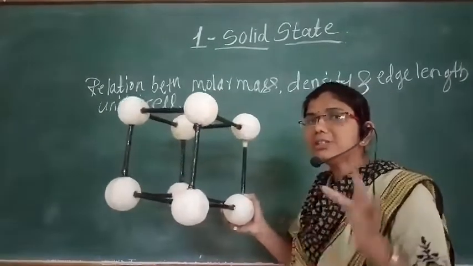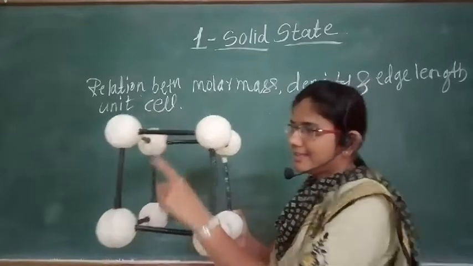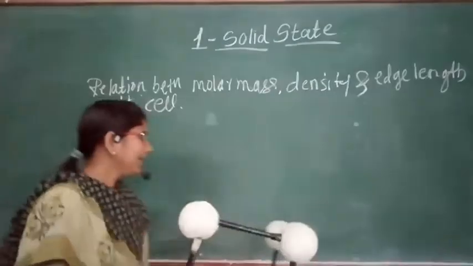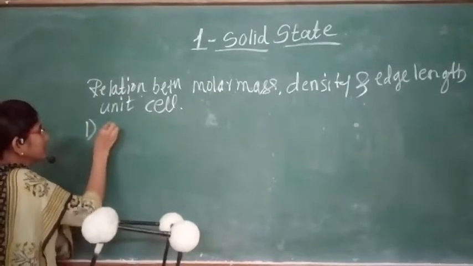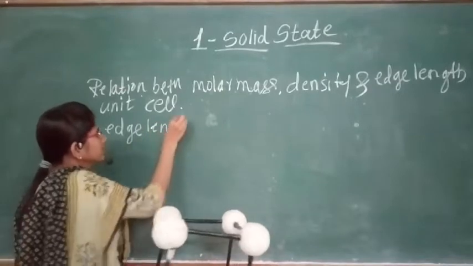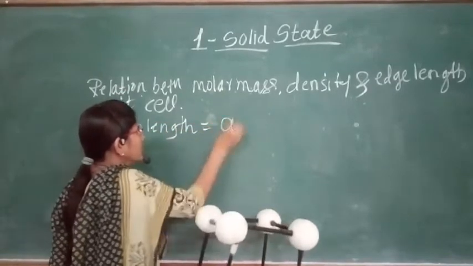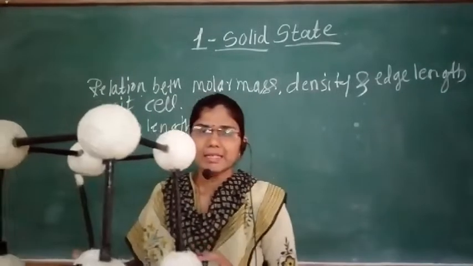So here in the cubic unit cell, the edge length is a. In the first step, what do we come to know? The edge length is equal to a.